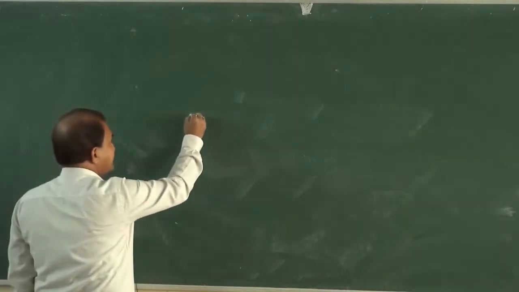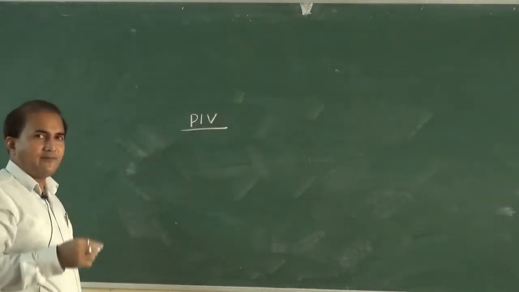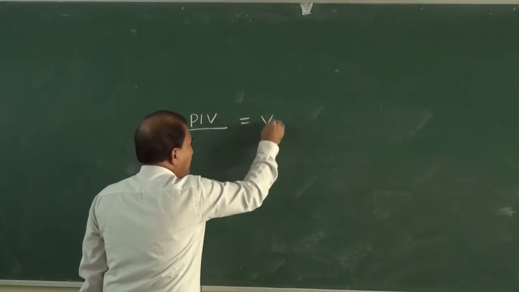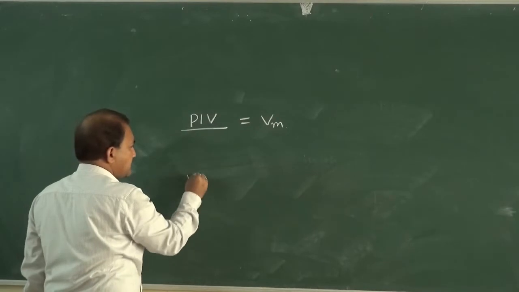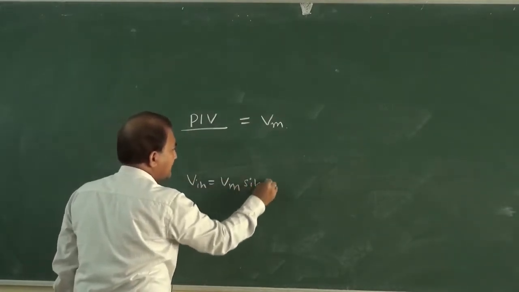Then we will study about peak inverse voltage. For a half wave rectifier circuit, the peak inverse voltage is equal to Vm. What is this Vm? Suppose Vin is equal to Vm sin theta.